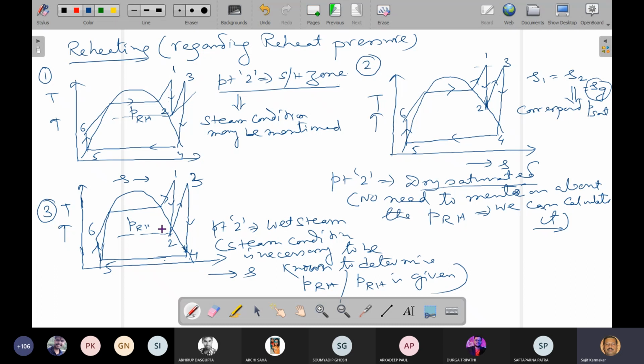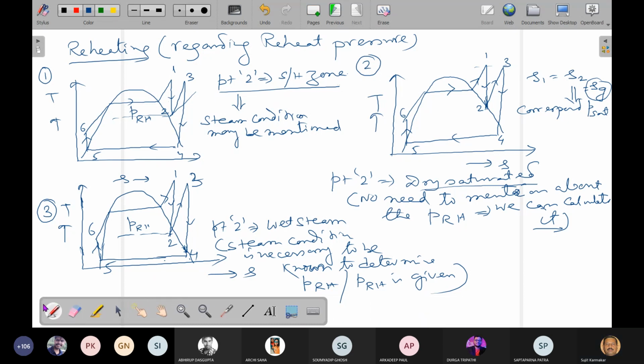Now here I am going to write down one more assumption. Note it down here. If PRH is not given, consider PRH equal to 1/3 to 1/4 of P1.